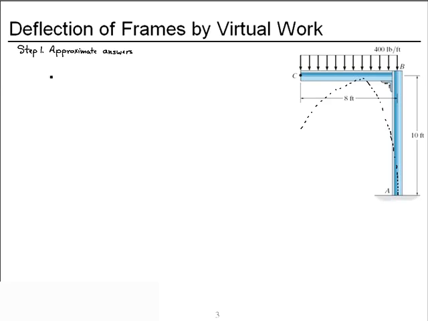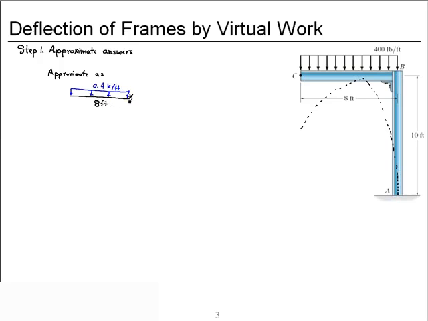We'll approximate it as just a cantilever with the uniform distributed load of 0.4 kips per foot. And that cantilever is 8 feet long.